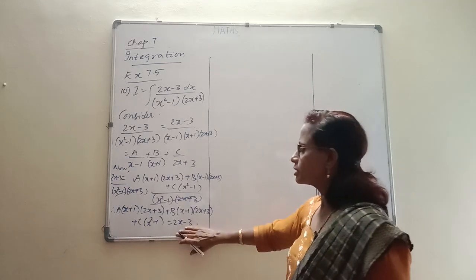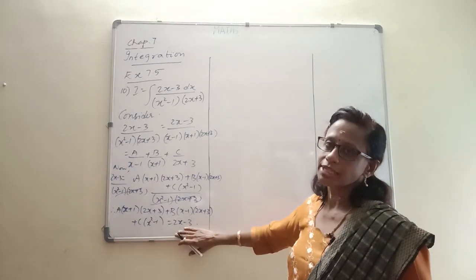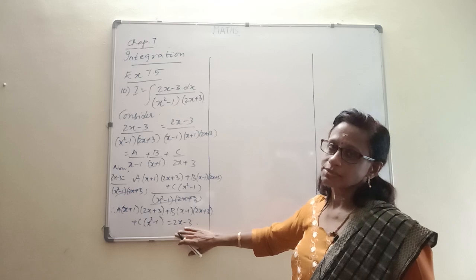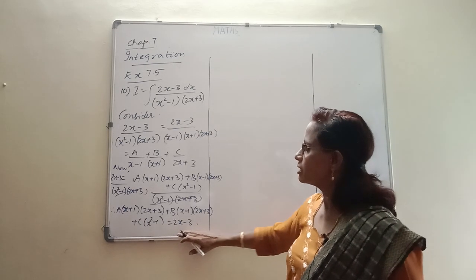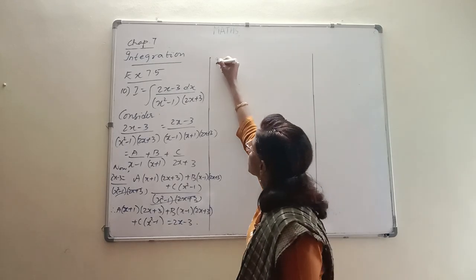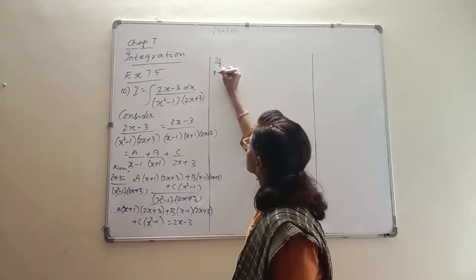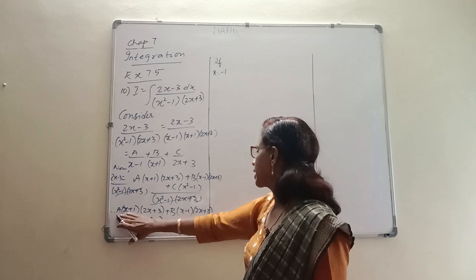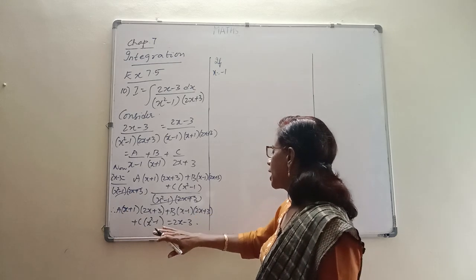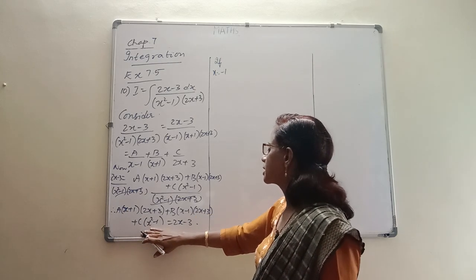So it's very clear from here that we can substitute x as 1, x as minus 1 and x as minus 3 over 2. That way you'll get the answer. So let's substitute x as negative 1. When x is negative 1, the A term will vanish and the C term will vanish.